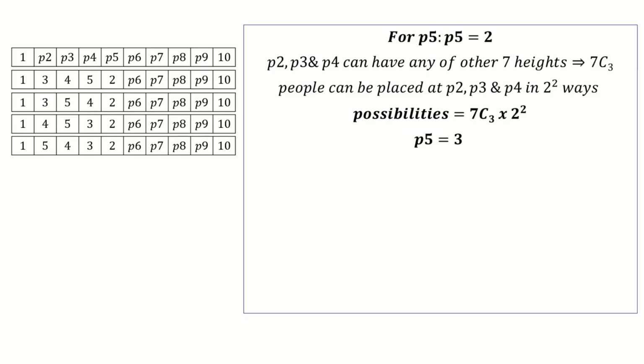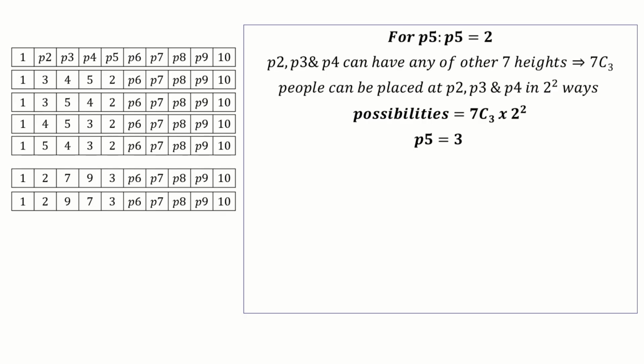And position 5 with 3: if I keep 3 here, 2 has to be fixed. 2 cannot come in this position, right? 2 can come only here. If you keep 2 here also, then you will get one more condition 3 here, right? So this has to be a fixed position only. There is no other way, correct? So 2 is fixed here, and the other two can interchange basically.